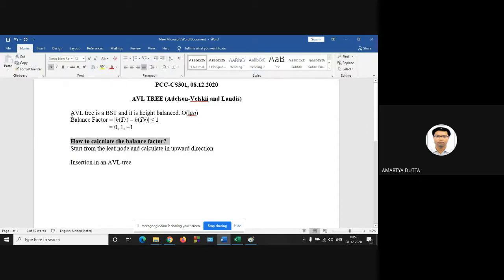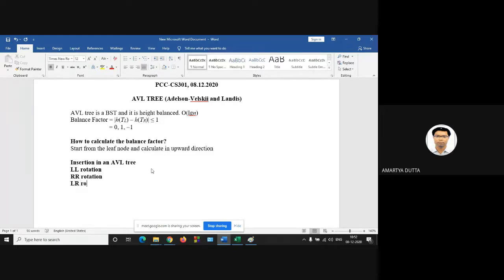So start from the leaf node and calculate in upward direction. Okay, and insertion in an AVL tree. So there are a total of 4 types of insertion. That is, first one is LL rotation. Next one is RR rotation. Please follow it carefully.